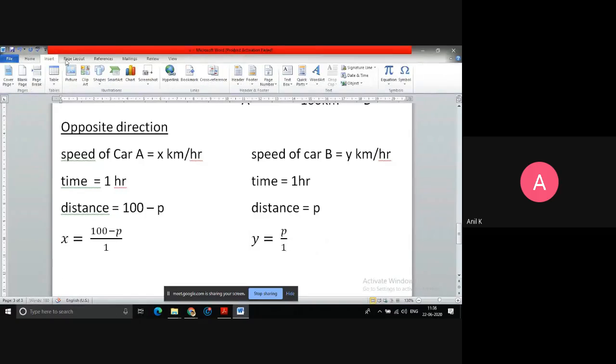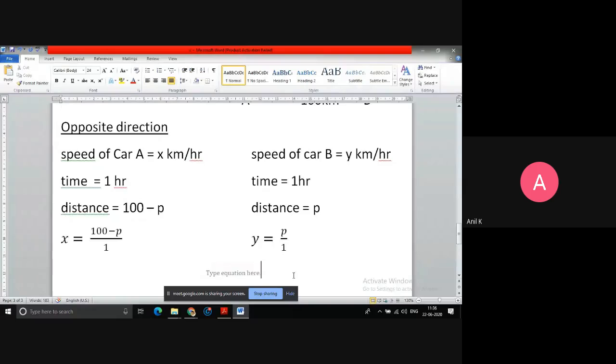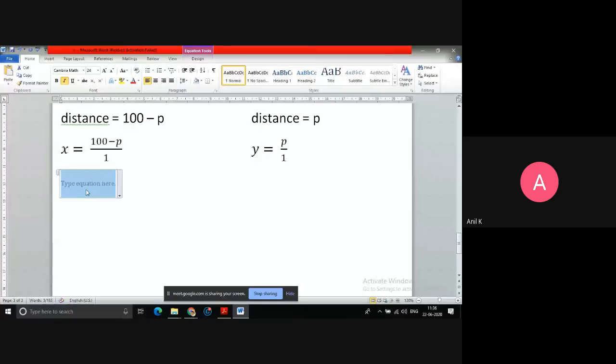In the next step, if I simplify, you get x equals 100 minus P, because 1 is there, so we can forget about 1. Here you will get y equals P. Now you can substitute this y equals P here.